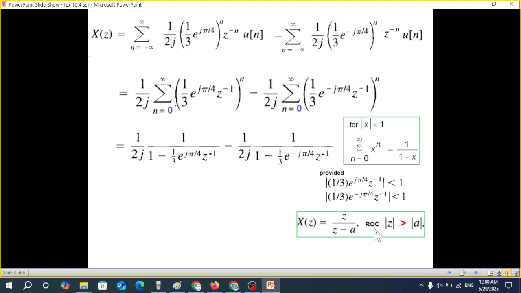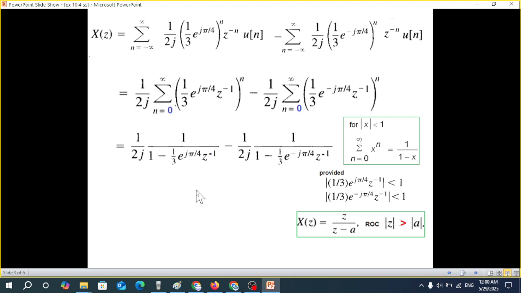Now to plot it, it is better that we write it in the form z/(z minus a), so that we can easily see the region of convergence. It has to be magnitude of z greater than the magnitude of a. To bring this into that form, one way is to take the LCM and then invert it.